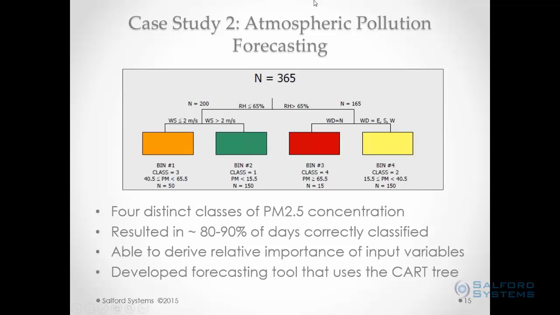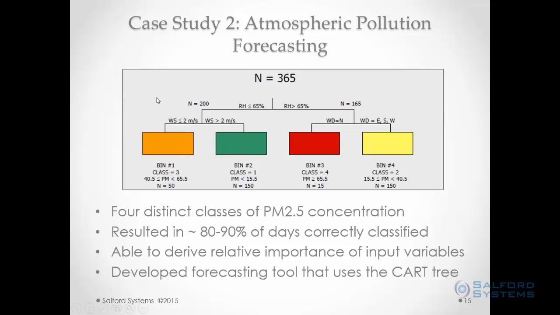Now to explain this tree a little further, you start at the top of the tree with 365 records. So this is 1 concentration for every day of the year. The first data partition happened at this split, where RH was less than or equal to 65%, and RH is relative humidity. So based on the relative humidity of that given day, the records either went to the left or to the right.